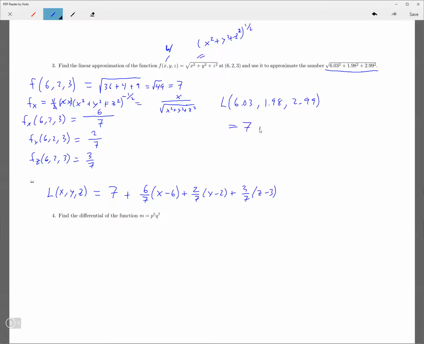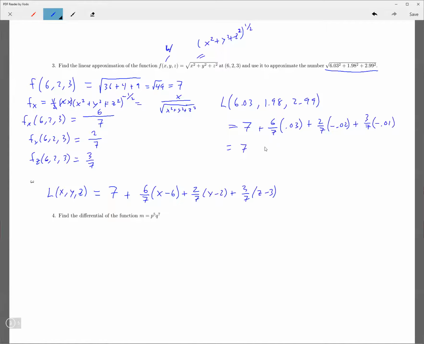So that's going to be 7 plus 6/7. If we put a 6.03 into here, we're going to get 0.03. And then we have 2/7 times, if you put a 1.98 in here, then we're going to have negative 0.02. And this one's going to be negative 0.01, right?